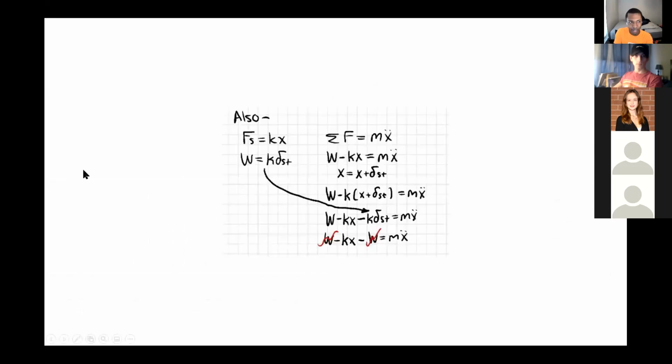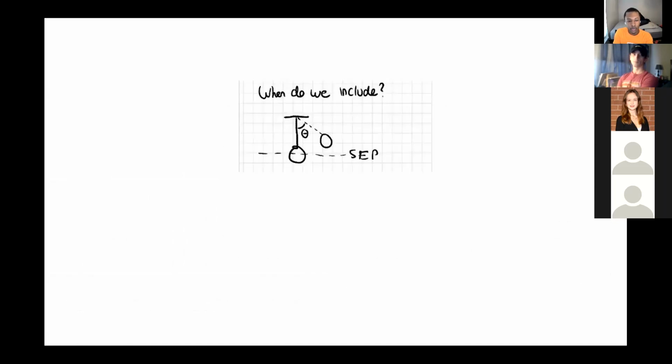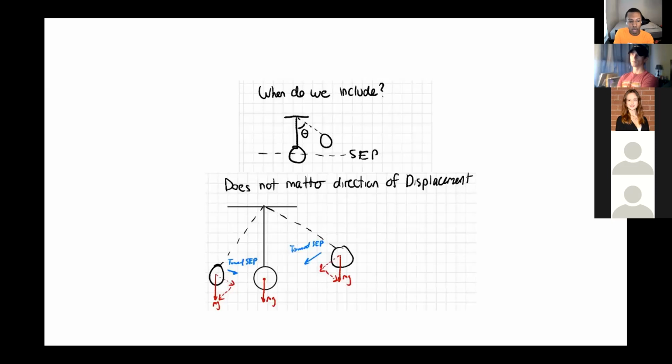You'll see how the math cancels in cases where gravity does not restore you back to your static equilibrium position. In the case of vertical bars, we have a component of gravity that brings you towards the static equilibrium position, so in that case, you'd include it.